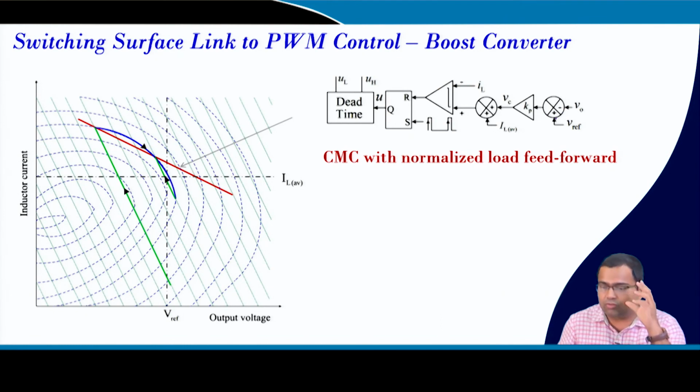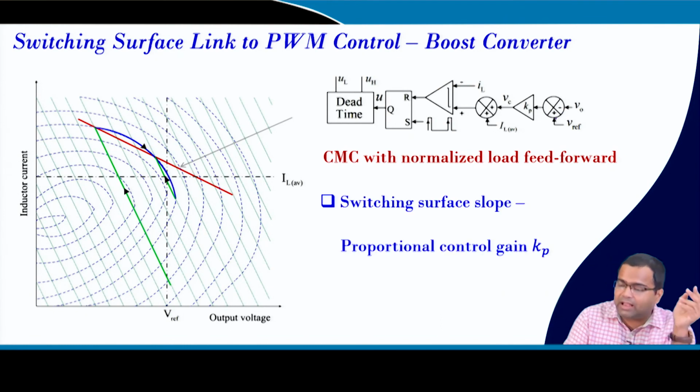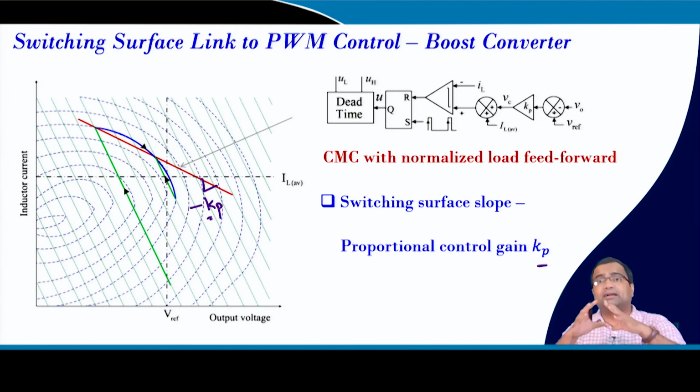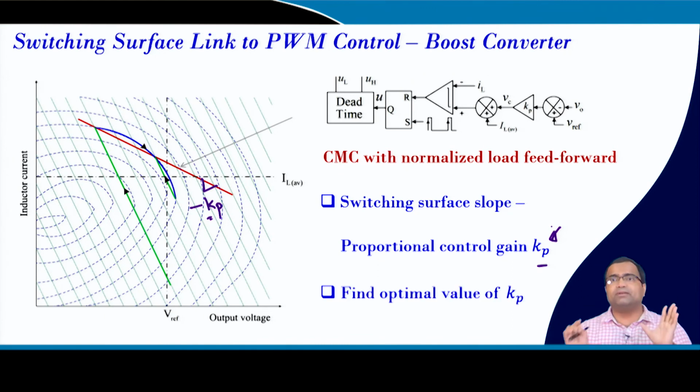This proportional gain is nothing but the slope of this surface, and that plays a key role in shaping the large signal recovery. That means, if you want to achieve time optimal recovery, it is the proportional gain Kp that we have to select properly to find its optimal value.